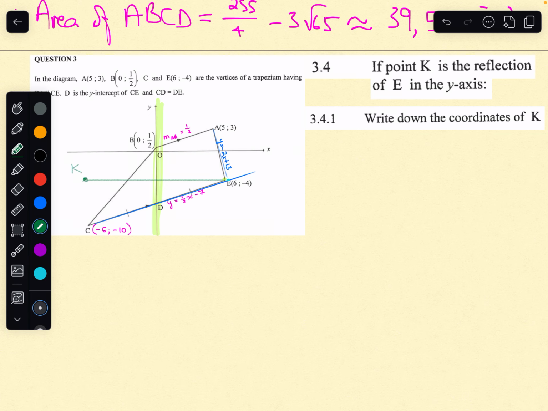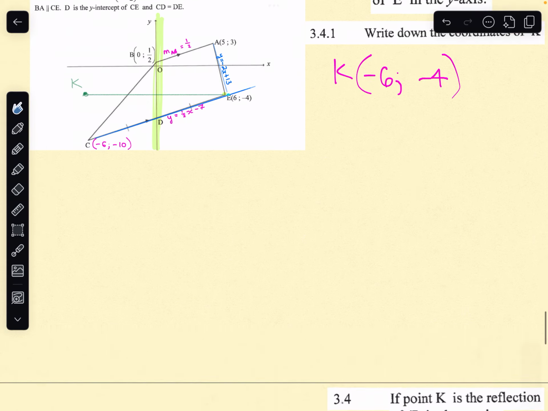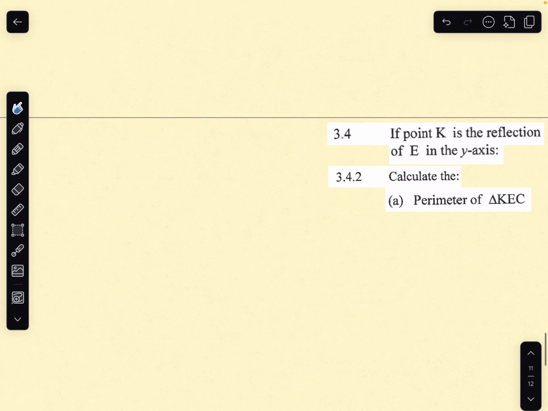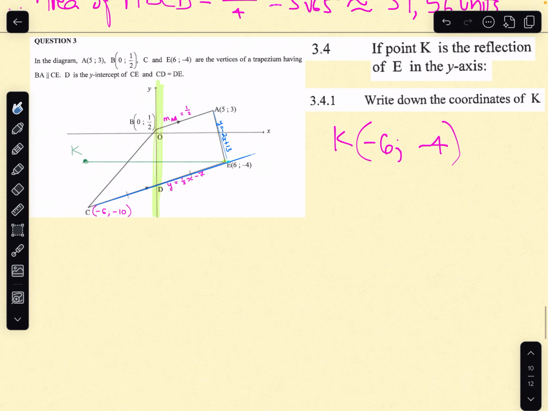We know that if we reflect in the y-axis, the y coordinate stays the same. It hasn't moved up or down. All that has happened is it's moved across. And so the coordinates of K will now be -6, -4. Wait a minute, we need our picture again.